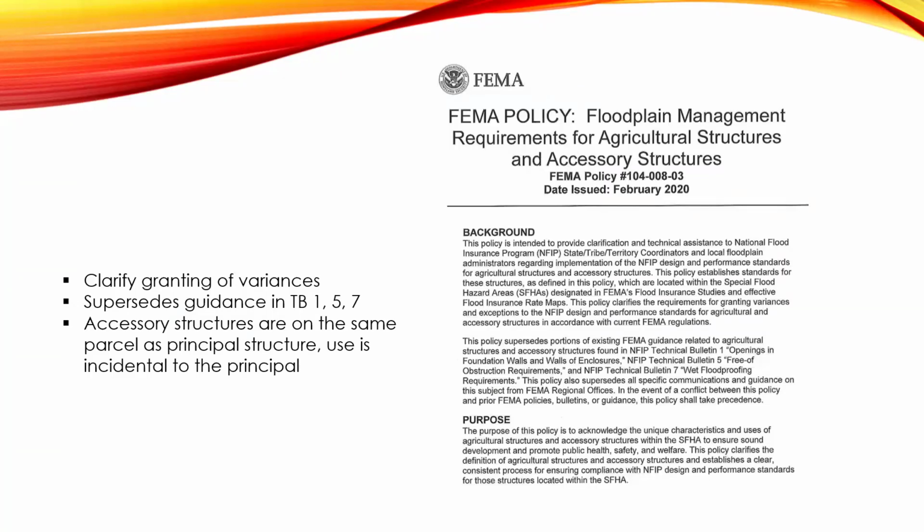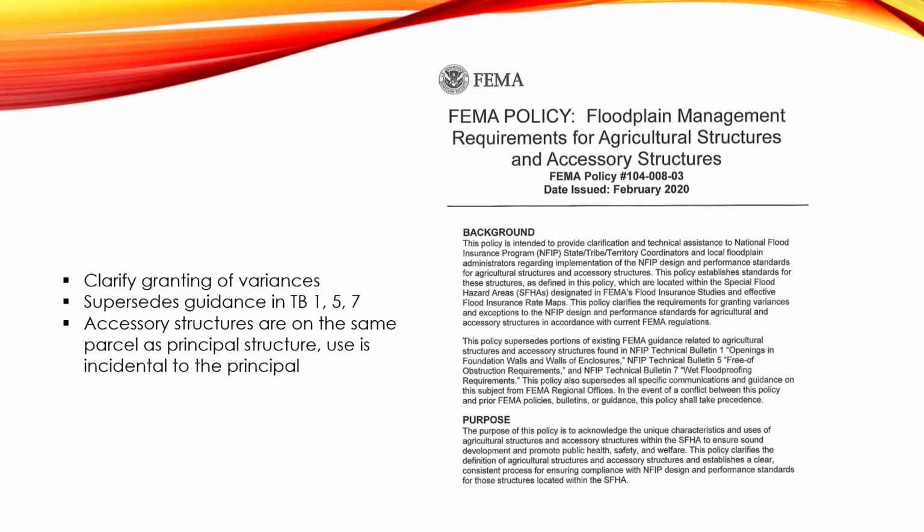So FEMA has released over the last couple of years different guidance on how this is supposed to be done. This policy was released in 2020. It clarifies the granting of variances that are needed for the agricultural structures. It supersedes the previous technical bulletins.